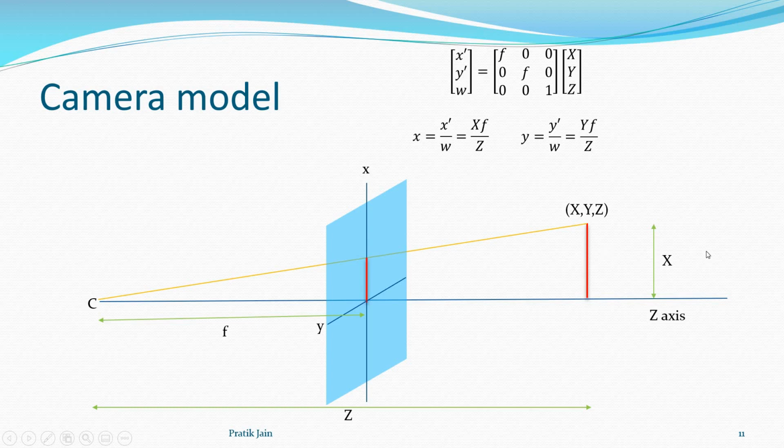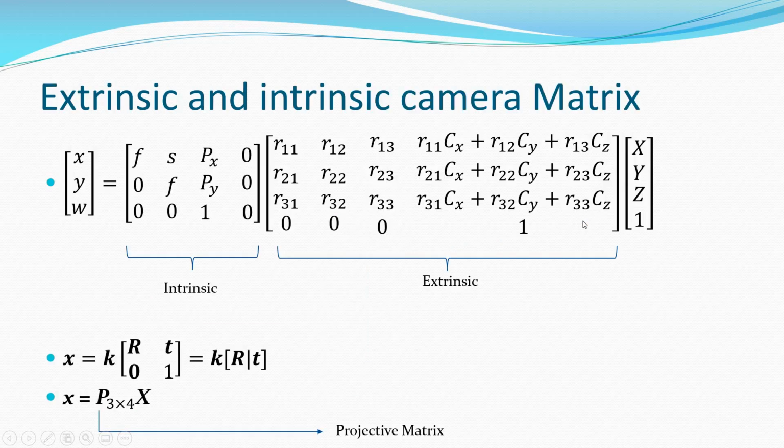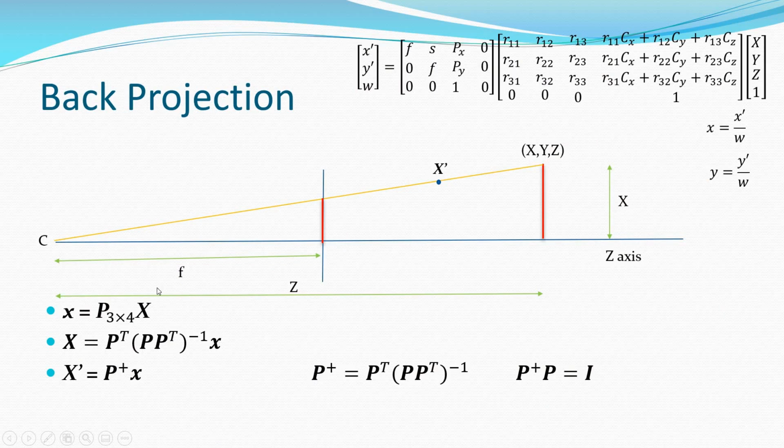Now we want to go backwards, that is, given a small x comma y camera coordinate point, or an image plane point, you want to go back to 3D. That's what we want. So what one can think of is a simple inverse.